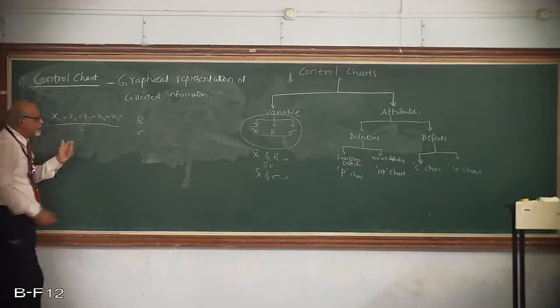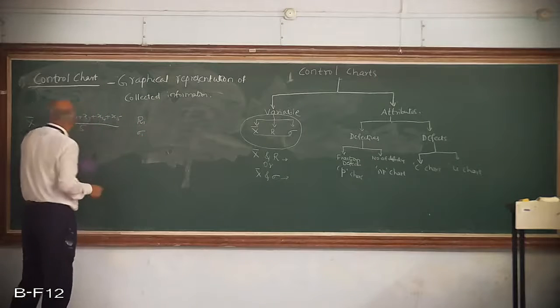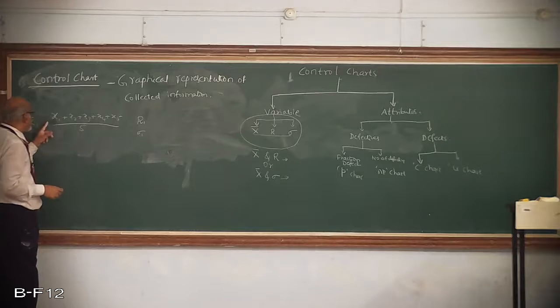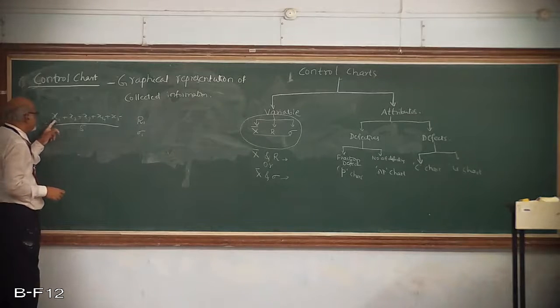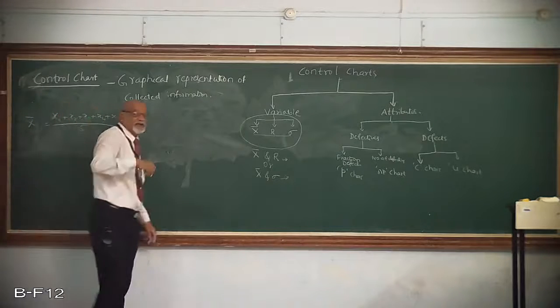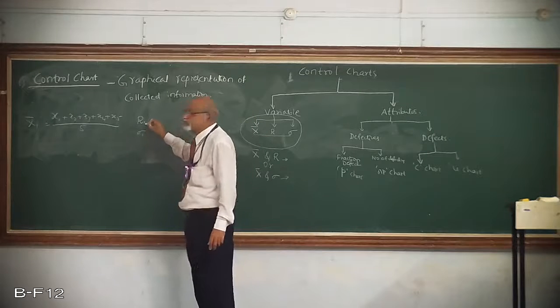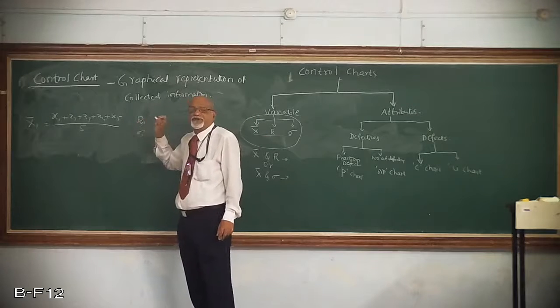So I can find out the range, I can say it is R1. And sigma means x1 minus x1 bar whole squared plus x2 minus x1 bar whole squared, like that, up to 5, divided by 5, and then take the square root, that will become sigma. That is what we are going to find out.